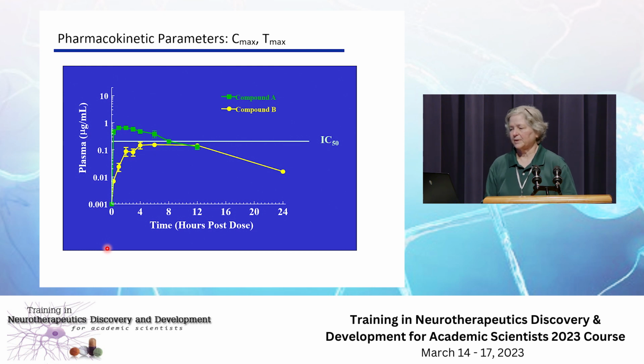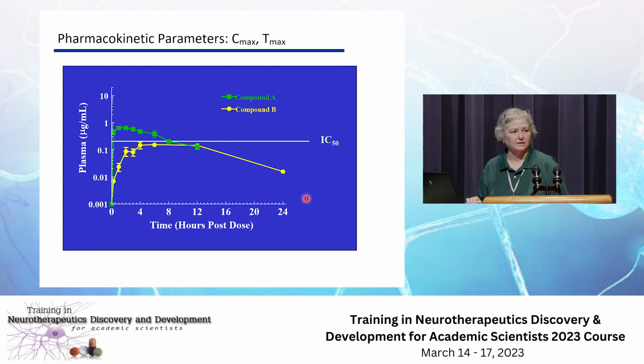So why do I care about Cmax and Tmax? And I mentioned earlier, does your efficacy match with the Cmax? So suppose you're running a series of compounds, and in this collection, you have 2 compounds that have very similar in vitro potency against the target that you're screening for. You put them in an efficacy assay, one is active and the other isn't.